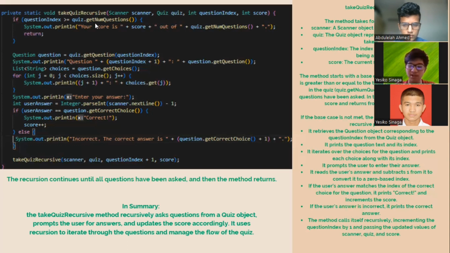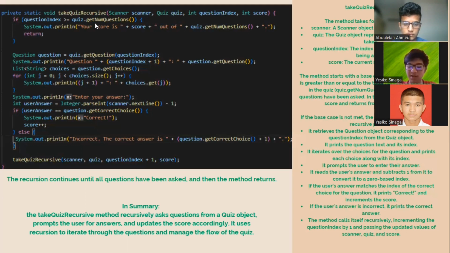It prompts the user to enter the answer, reads the user's answer, and subtracts 1 from it to convert it to a zero-based index. If the user's answer matches the index of the correct choice for the question, it prints correct and increments the score. If the user's answer is incorrect, it prints the correct answer.